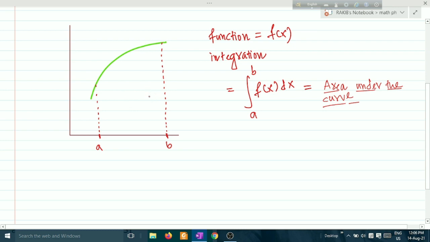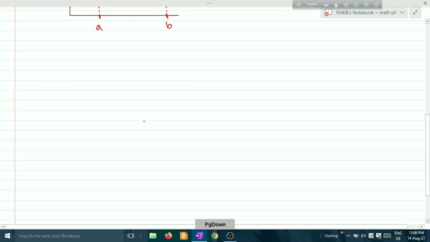So I am writing the integration again. The integration is given by integration a to b f of x dx. Here, what is the range? The first thing you have to do is the range division.